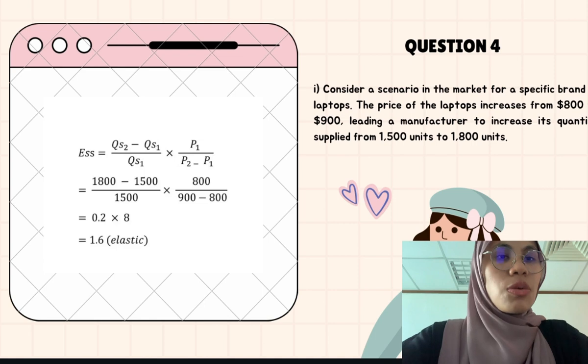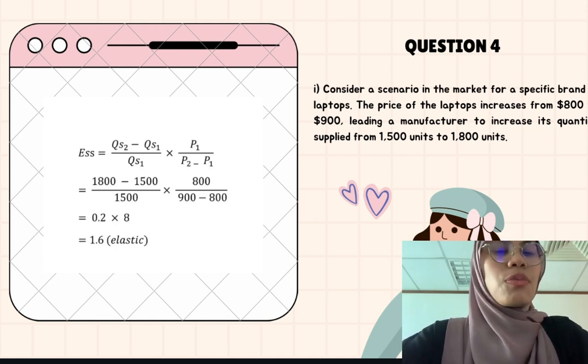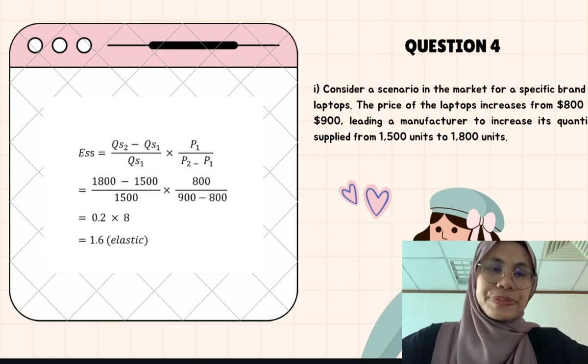So 0.2 times 8 gives a total of 1.6, and the answer is elastic.